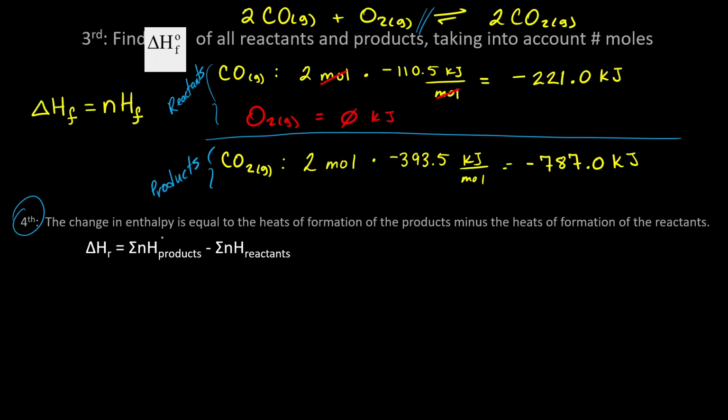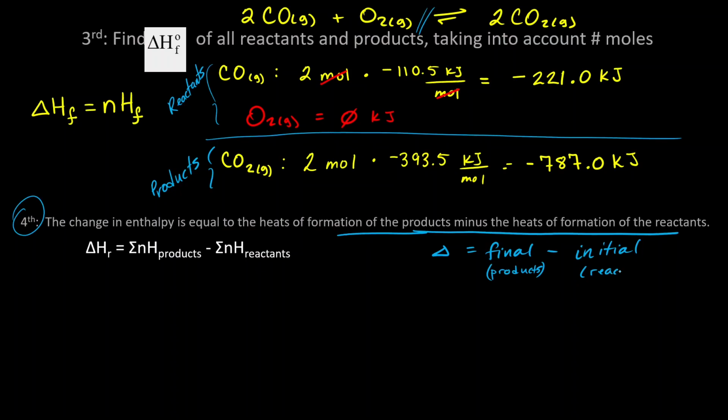The change in enthalpy is equal to the heats of formation of the products minus the heats of formation of the reactants. So if you want to think of this in terms of any sort of delta, this is final minus initial. In our case, final is the products. Initial are our reactants.